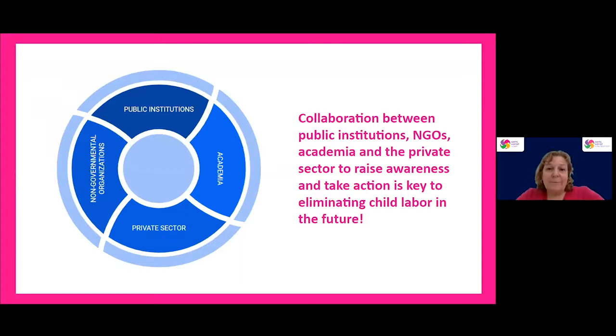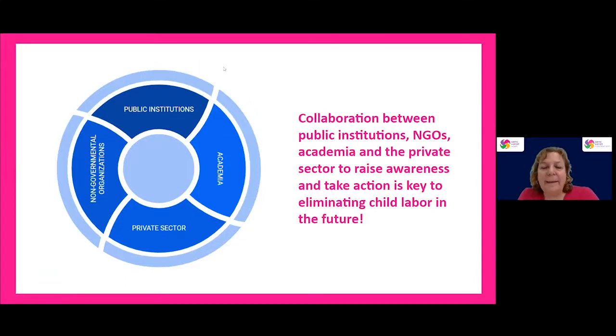So, last words, there must be a collaboration between public institutions. We see this in Turkey. The Ministry of Labor is working very hard. They're working with other ministries. For example, with the Ministry of National Education, they have the monitoring system of children. They travel during the harvest time.